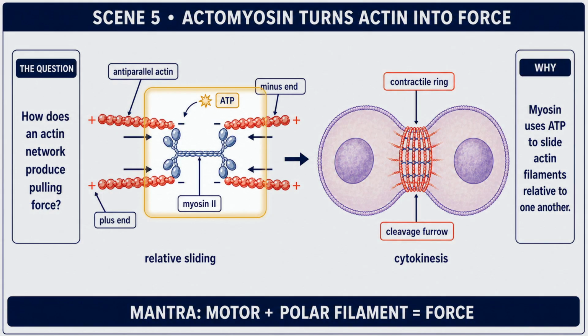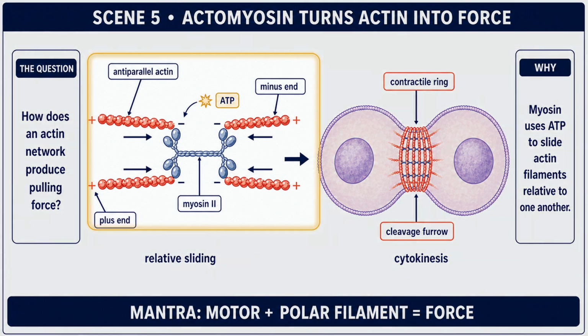Polymerization can push a membrane, but pulling requires a motor. That motor is myosin. In a contractile network, actin filaments are arranged with opposite polarities, and a bipolar myosin II assembly bridges them.